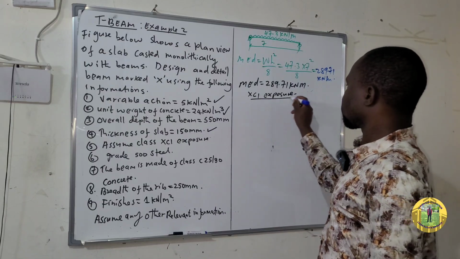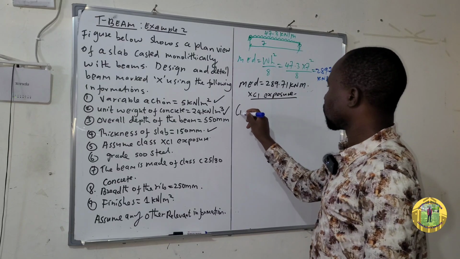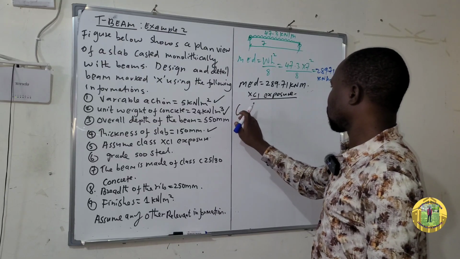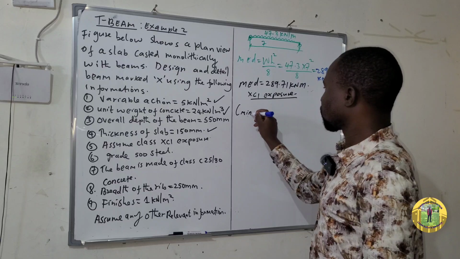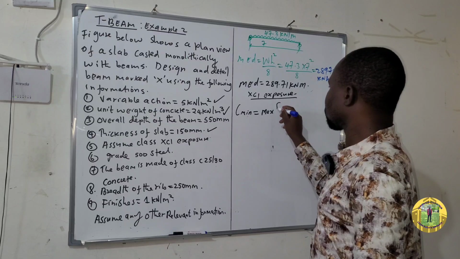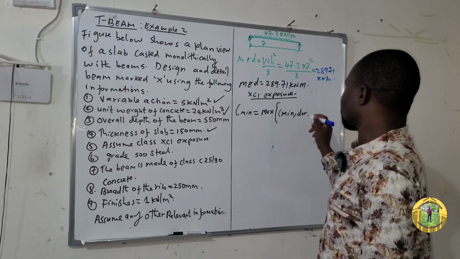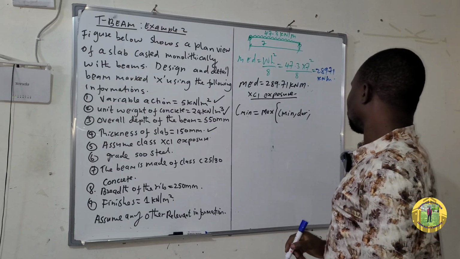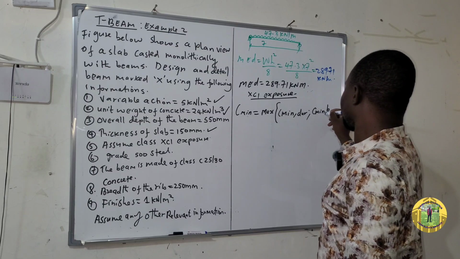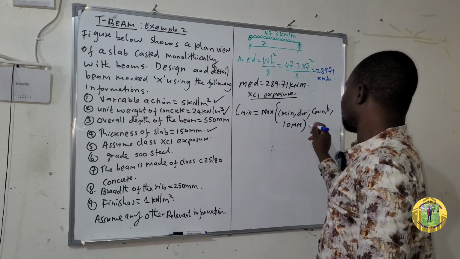So in Eurocode 1, C minimum is given by the following: the maximum of C minimum durability, C minimum B, and 10 millimeters.